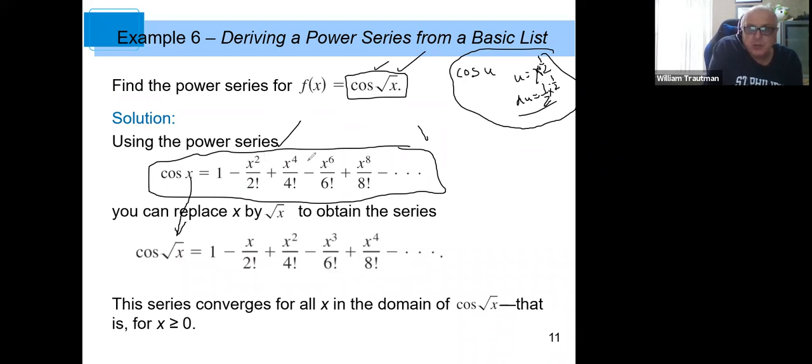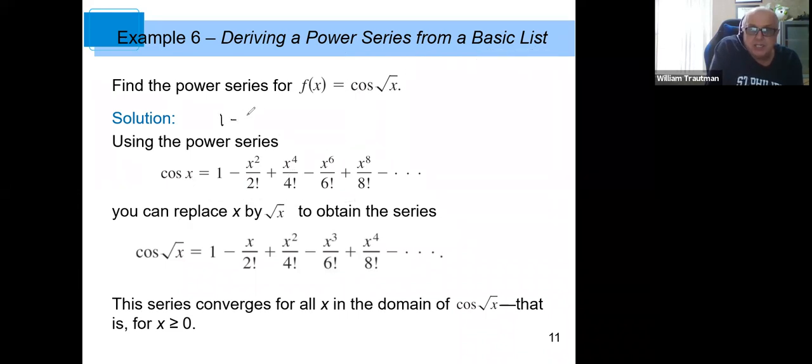So this becomes 1 minus x squared over 2 factorial, put the square root of x in there, plus x to the 4th, put the square root of x in there.